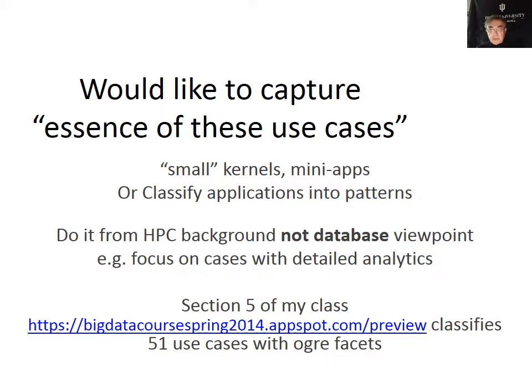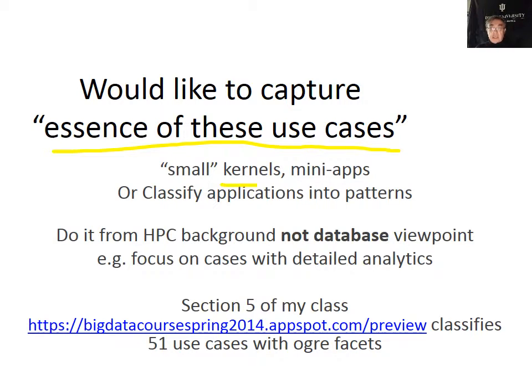So what we're trying to do now is, having gone through lots of examples and general features, capture the essence. If you want to understand whether your computer is any good for big data problems, you can't run all applications. So we need to capture the essence of these use cases and say, if you can do these parts, you're in great shape.